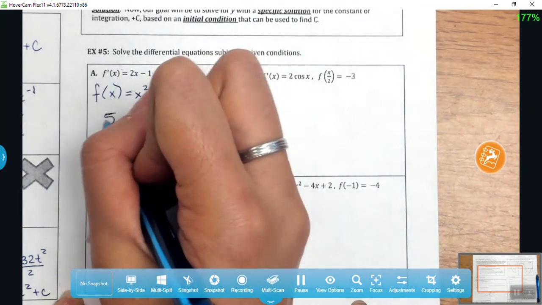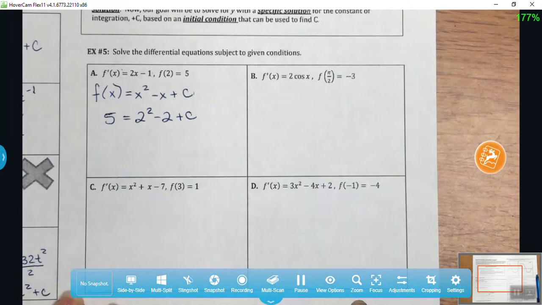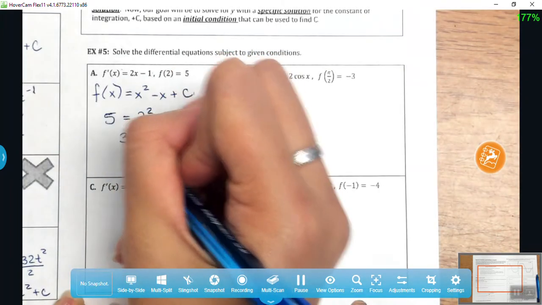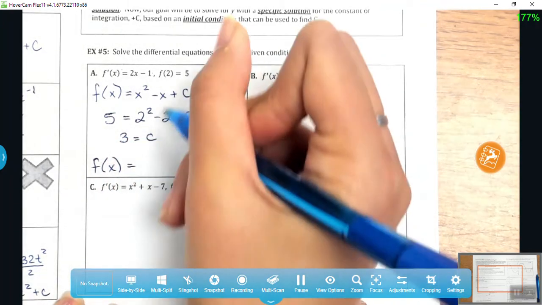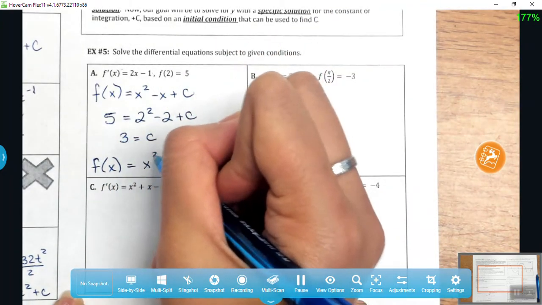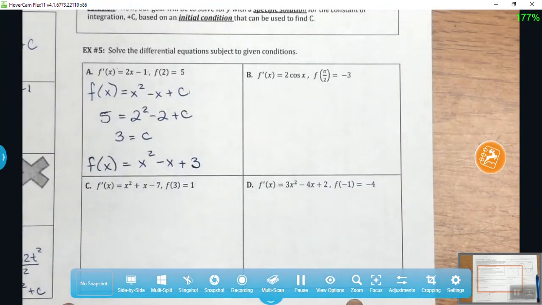So 5 equals 2 squared minus 2 plus c. c is 3. So now your original function is one singular one. It's not a family of functions. It's x squared minus x plus 3, right?